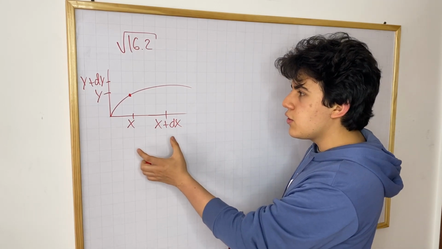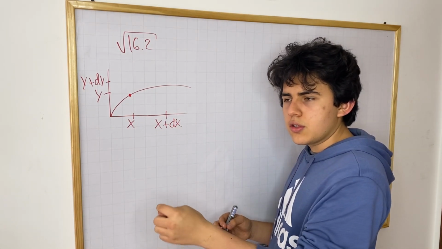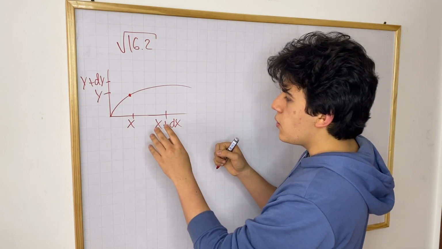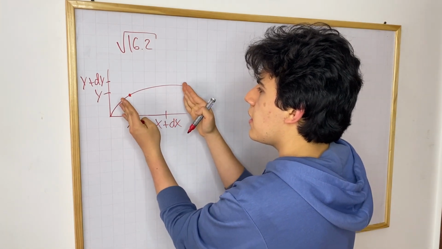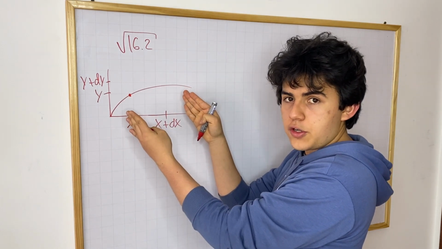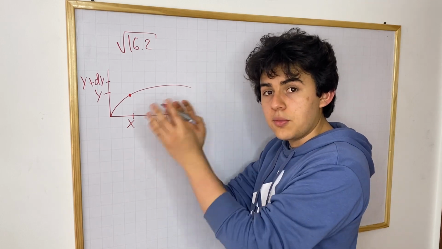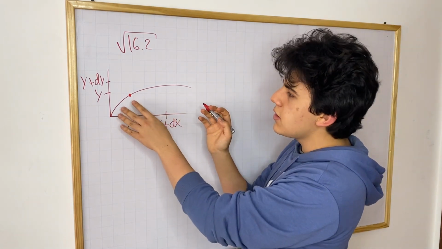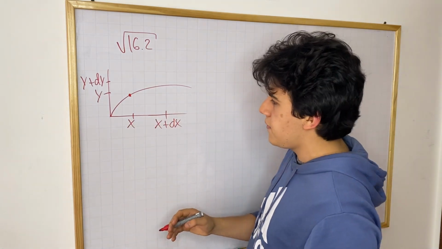Although this function doesn't look like a straight line, it should if you zoom in a lot, so we're going to say that dx is a very small value. Basically, this is a very small portion of the square root function. In real life, it should look like a straight line because you're zooming in a lot, but in this case it's kind of curvy. That doesn't matter, I just want to show you the geometric picture first.